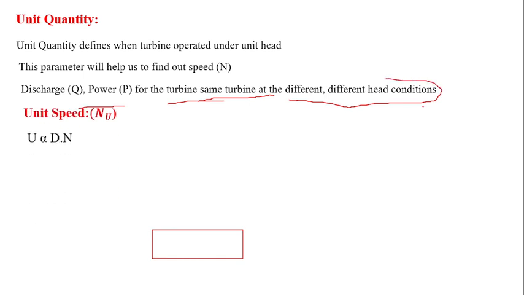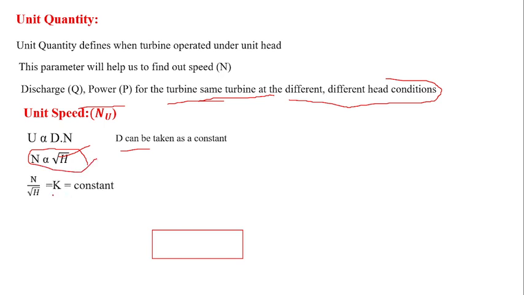Unit speed NU: you already know that U is directly proportional to D into N. D is taken as a constant. N is directly proportional to root over H, whereas N by root over H is equal to K constant.